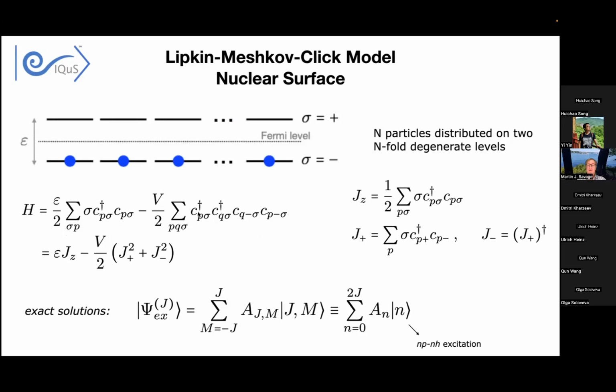And the effective Hamiltonian then has the form of a JZ piece for the one body, and then an interaction that can raise you 2 units in angular momentum space and drop you 2 units in angular momentum space after you've mapped the corresponding annihilation creation operators. And so one can then map this onto an SU2 space on a total J basis. And in fact, if you have n particles, then you're working with a J equals n over 2 irrep of SU2.